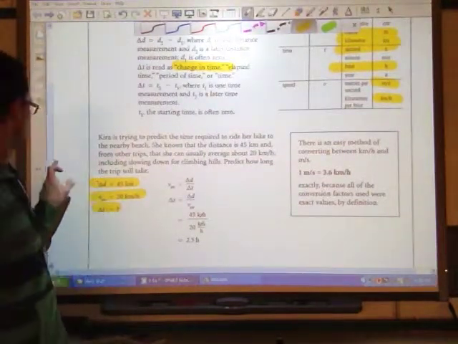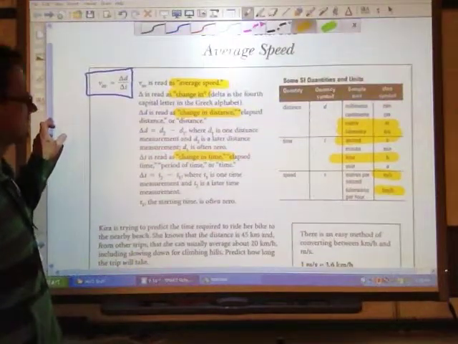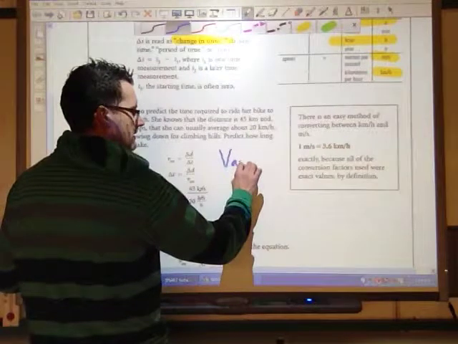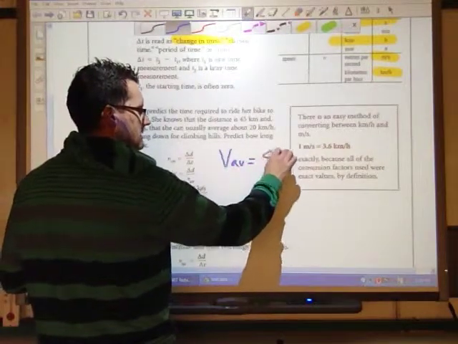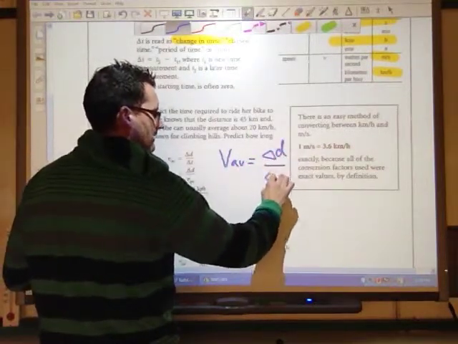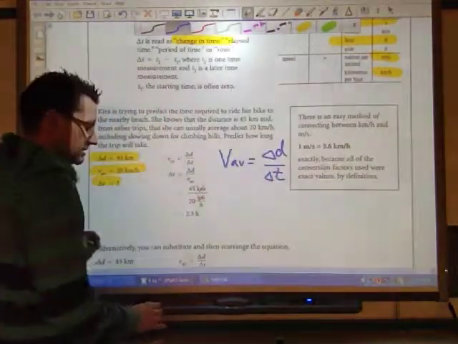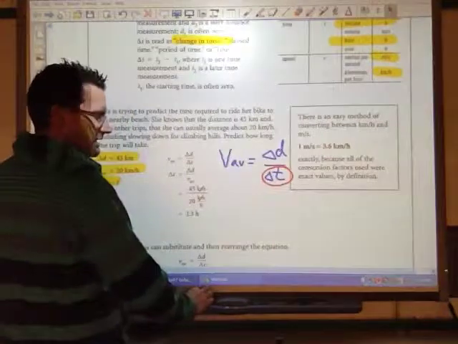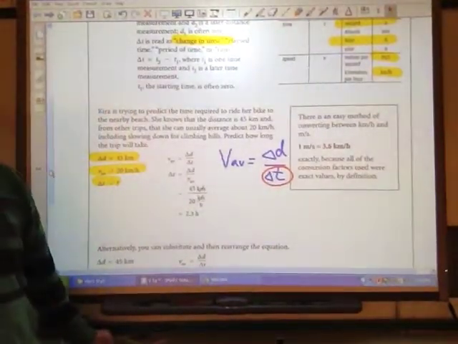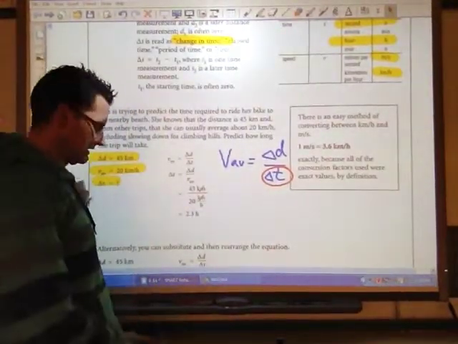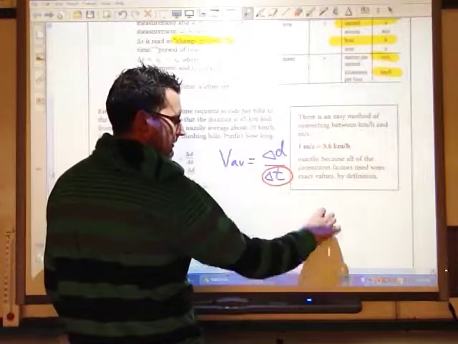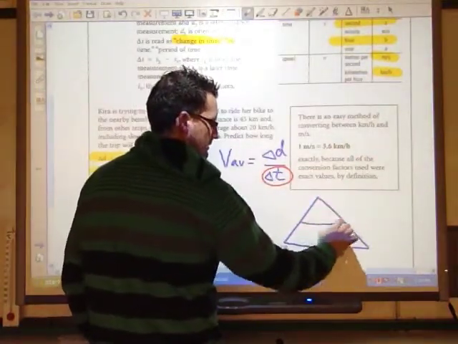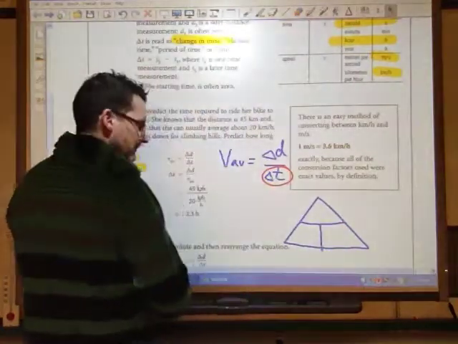Now we have this equation up here, which I'm just going to rewrite here. VAV for average speed equals change in distance over change in time. And we're actually asked to determine what that is. And it's in the denominator of the equation. Now there's a real easy way we can figure that out. A little schematic here that I'm going to draw. It's a little triangle or a pyramid, you can think of it as.